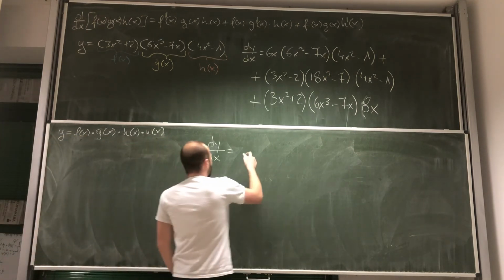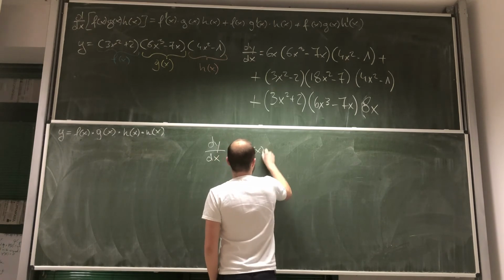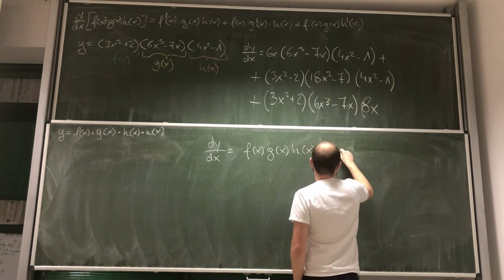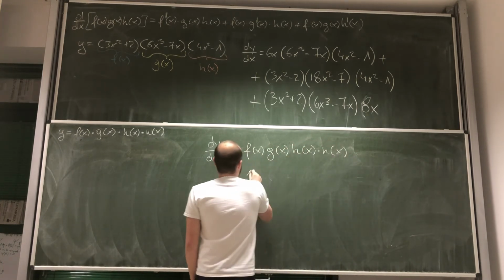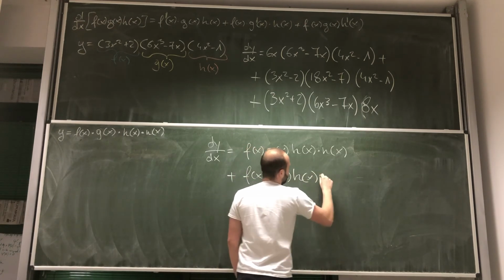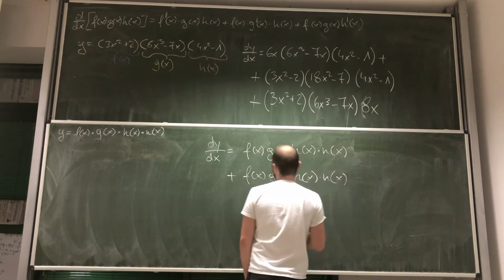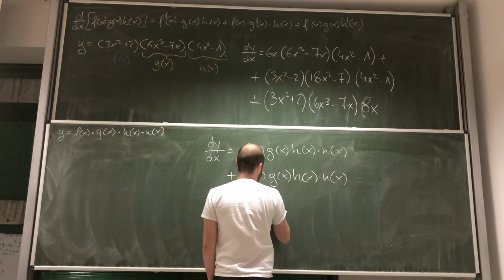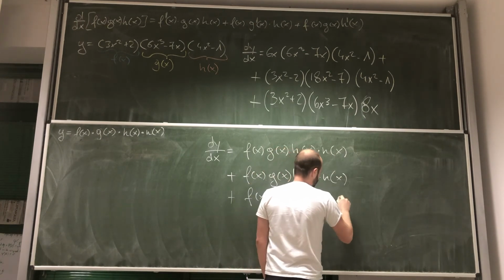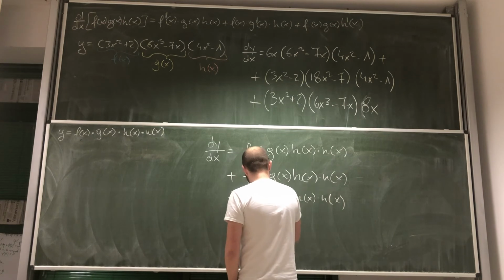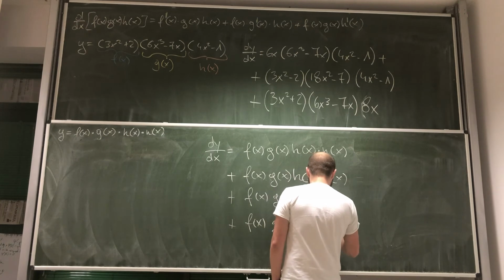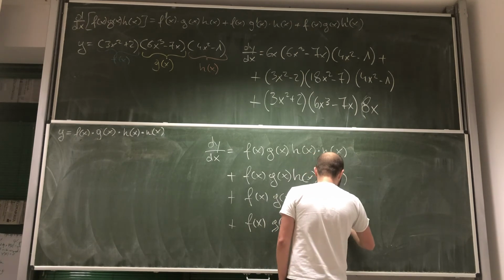Let's rewrite them over here 4 times. f of x times g of x times h of x times n of x plus f of x times g of x times h of x times n of x, and 2 more times, and then plus f of x times g of x times h of x times n of x.